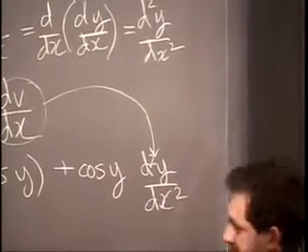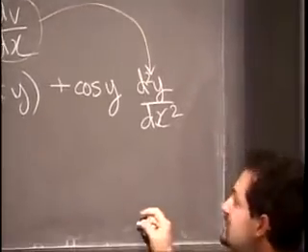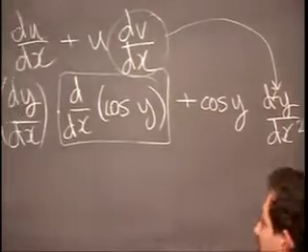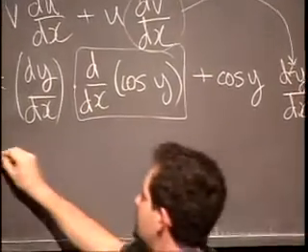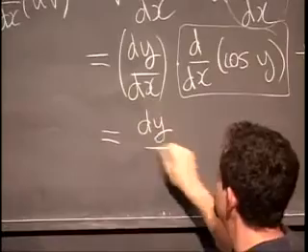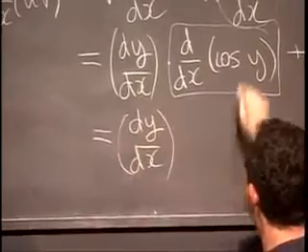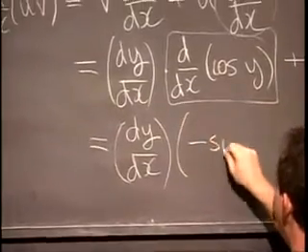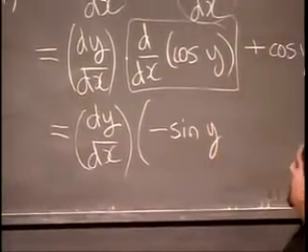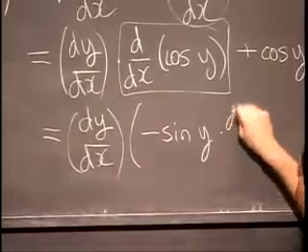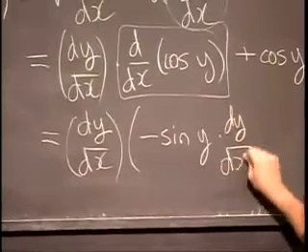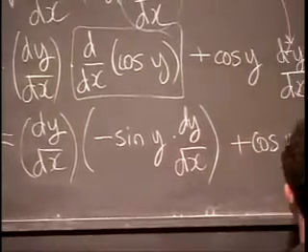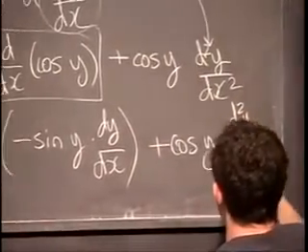Okay, we're almost done. We still need to find d dx of cosine of y. Well, we do the same little trick. You could write it out as the chain rule. Or you could just say, look, the derivative of cosine is minus sine, so I'll put minus sine, but it's not just x, it's y, so I need to multiply by dy dx. And the other term is as before.